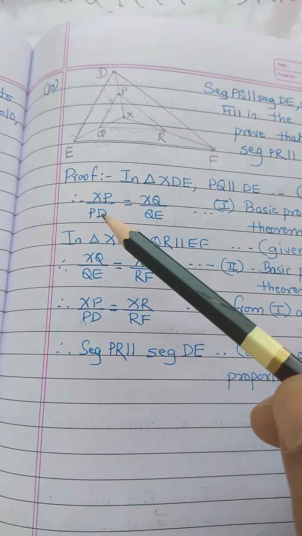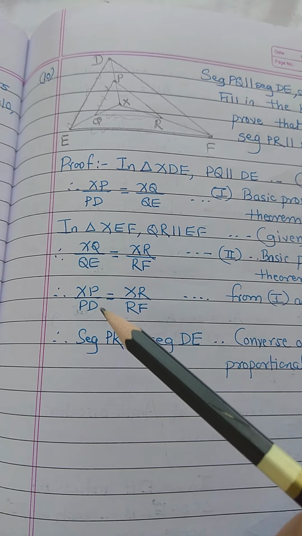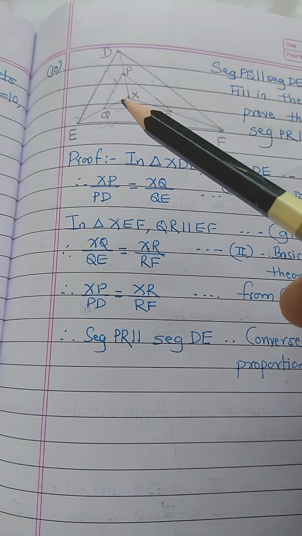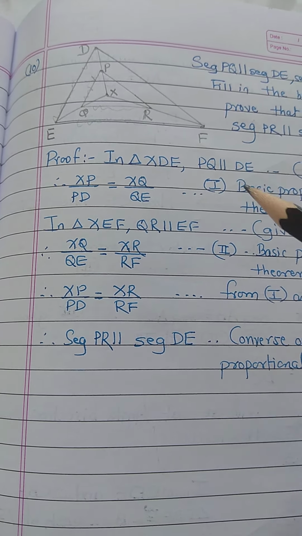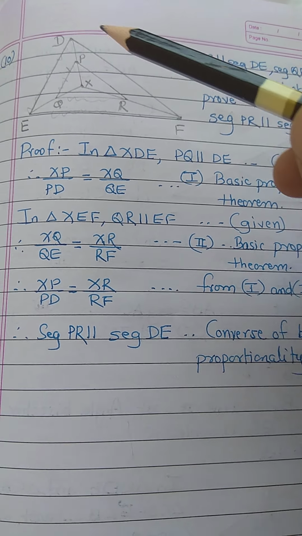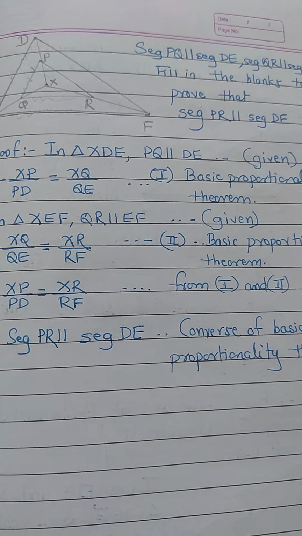As XP upon PD becomes equal to XR upon RF, therefore in triangle XDF, by the converse of the basic proportionality theorem, we can conclude that PR is parallel to DF.